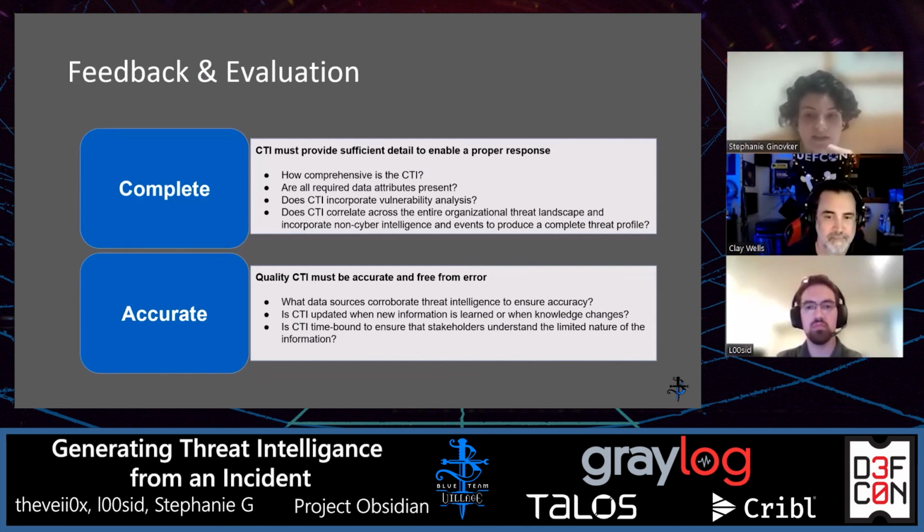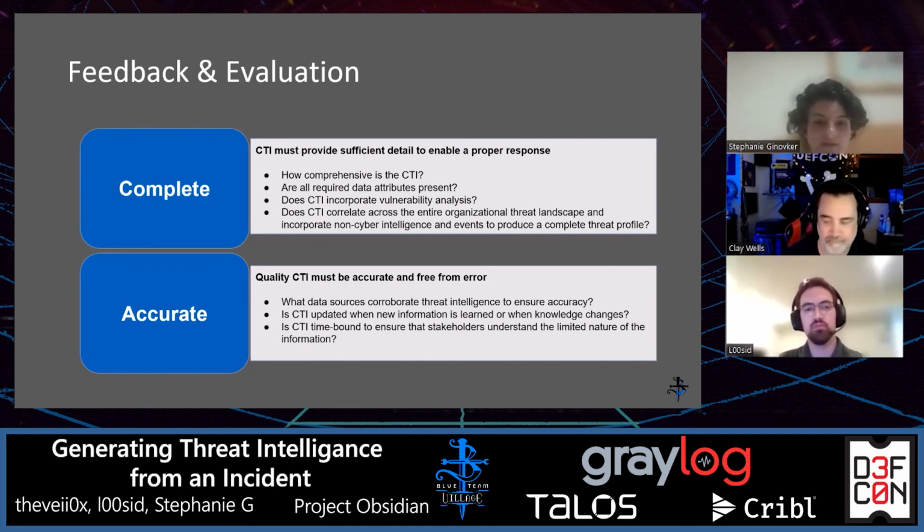How comprehensive is the intelligence? Are all of the data attributes present? Is there vulnerability analysis? Does it correlate across an entire organization? And does it look at non-cyber intelligence and other events for a complete threat profile? This comes back to your intelligence requirements at the very beginning. Were you able to capture all of these, and did you deliver?